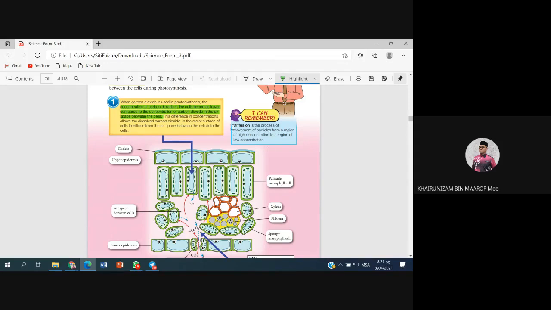So here you must know what diffusion is. Diffusion is the process of movement of particles from a region of high concentration to a region of low concentration. It means from high concentration to low concentration we call diffusion.